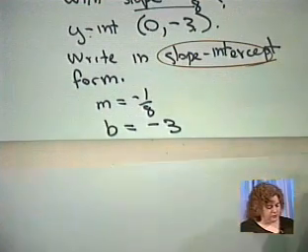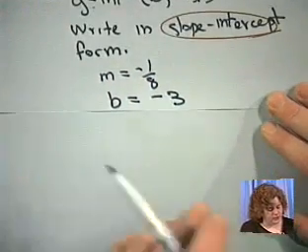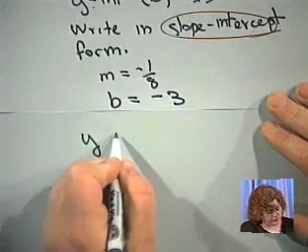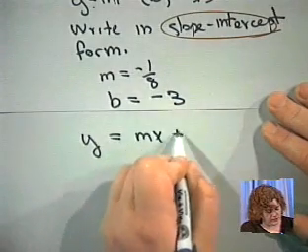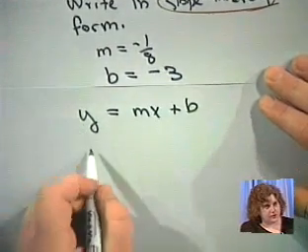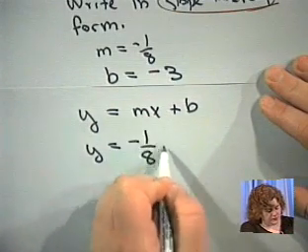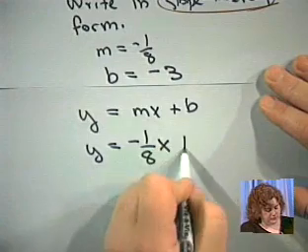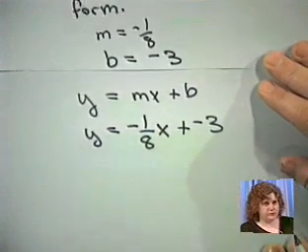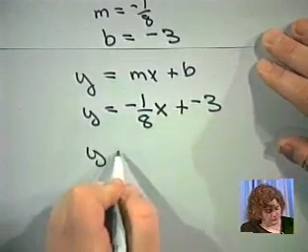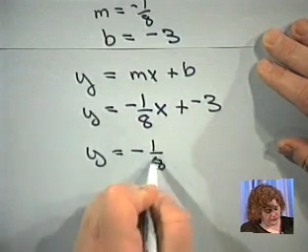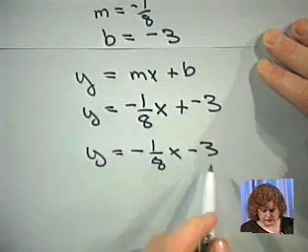All I'm going to do is take my pattern, slope-intercept, y equals mx plus b, and substitute. So y is equal to -1/8 times my generic x plus a -3, or most people would write that y = -1/8 x - 3, and it is done.